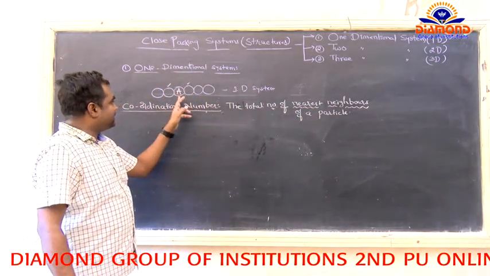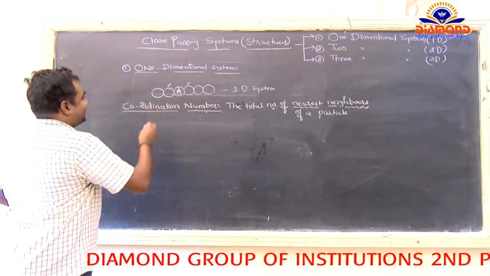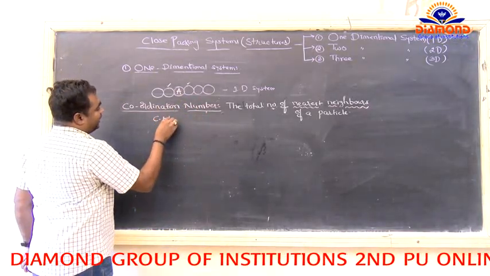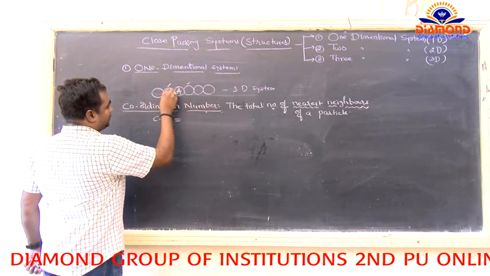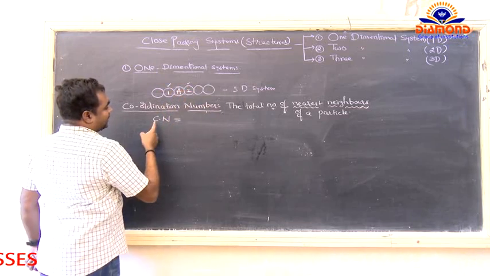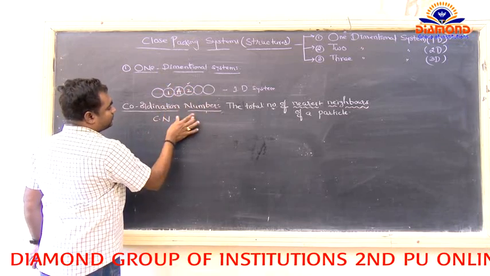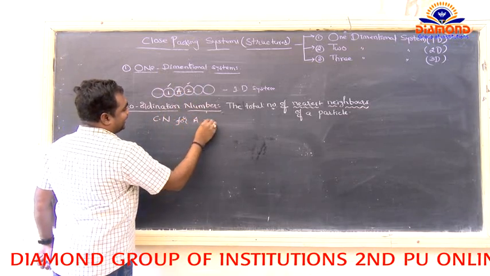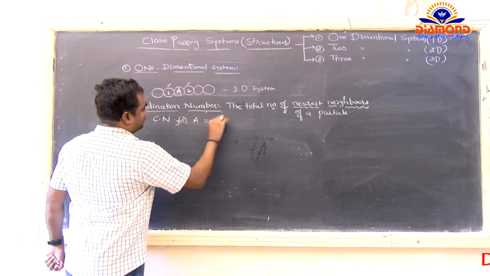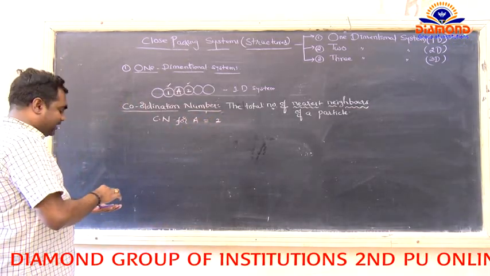So for this arrangement in the 1D system, the coordination number for atom A is equal to 2.